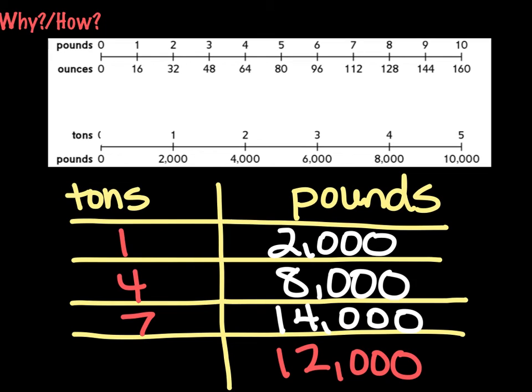Now, the last problem, we have 12,000 pounds, and we have to figure out how many tons that is. So instead of multiplying this time, what do I need to do? Divide. So 12,000 divided by 2,000 would give me 6 tons.